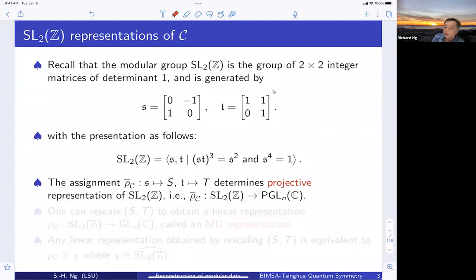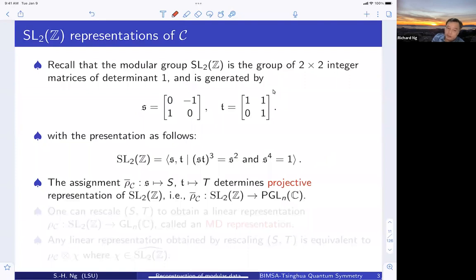You can replace this presentation with others. If you change S by S inverse, the relations will be different, actually simpler. But for the purpose of this talk, and since this is more commonly used in modular tensor category, we stick to this convention of the modular group, where S is an element of order 4 and T is the translation.